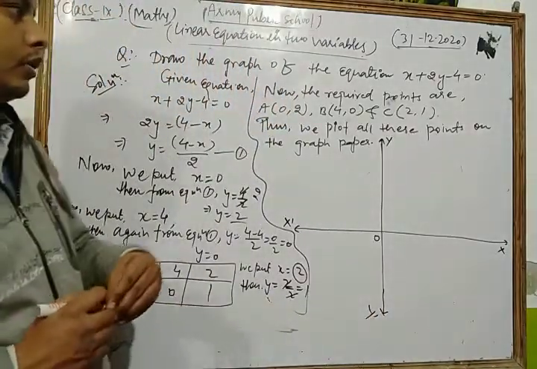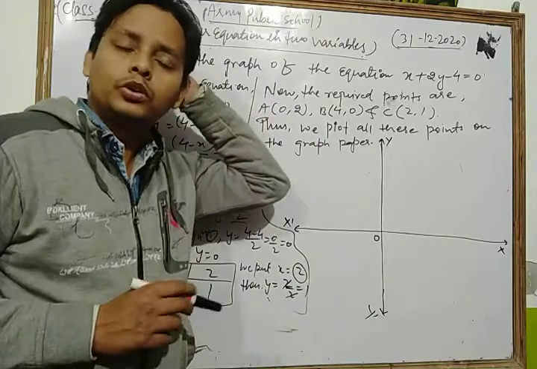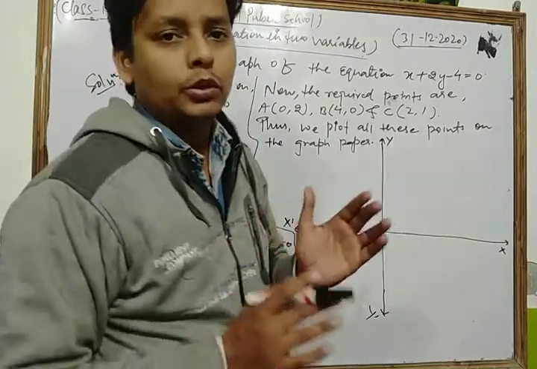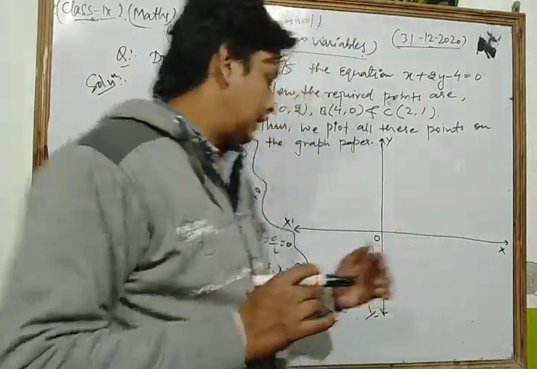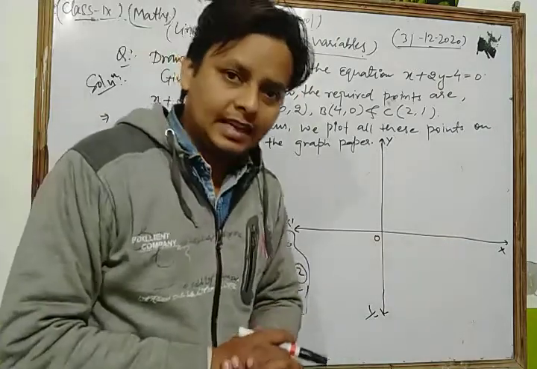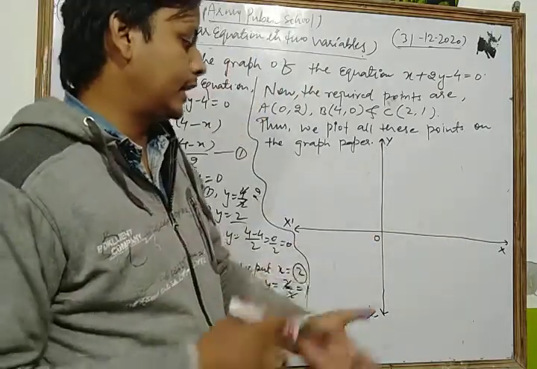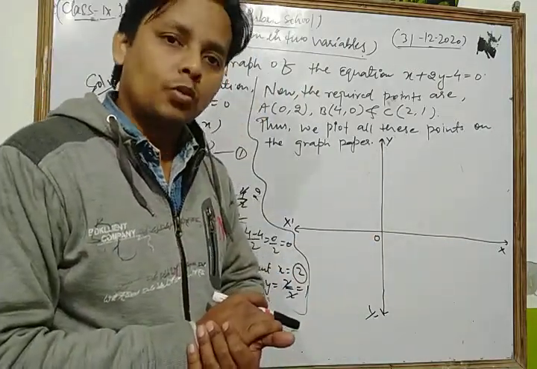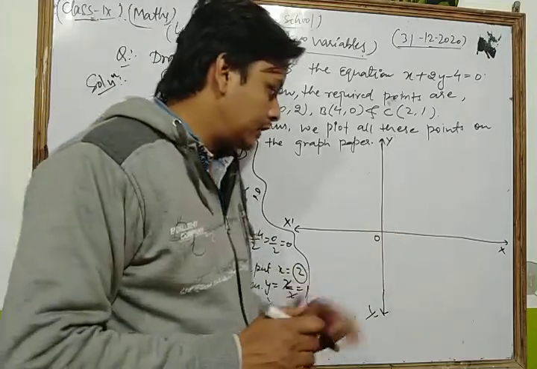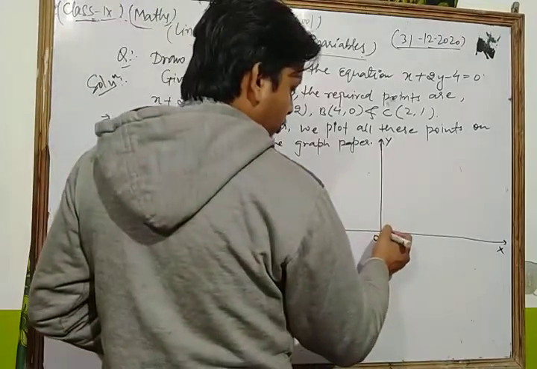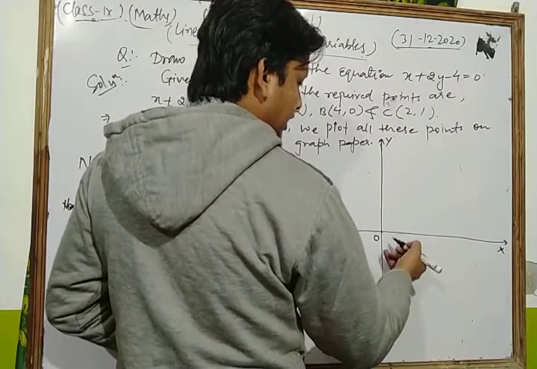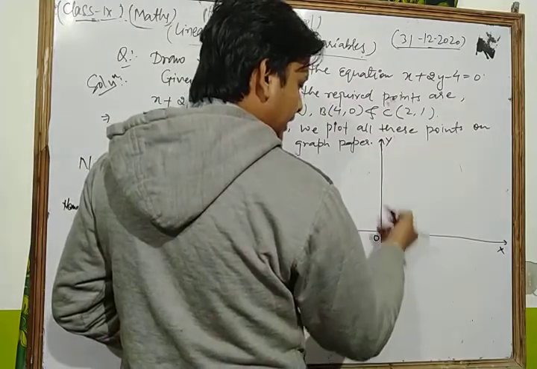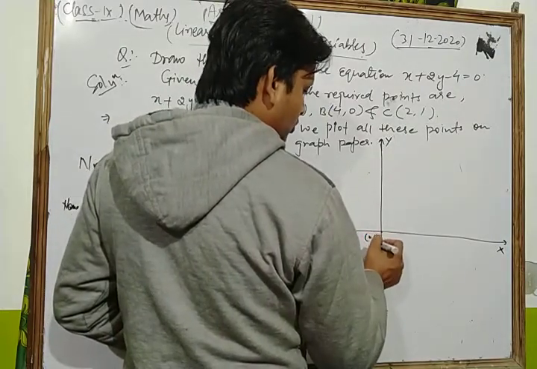In graph paper, you draw two mutually perpendicular lines: x dash O x is known as the x axis and y O y dash is known as the y axis. The point of intersection of both axes is known as the origin, and the coordinates of the origin, you know, are 0 0.